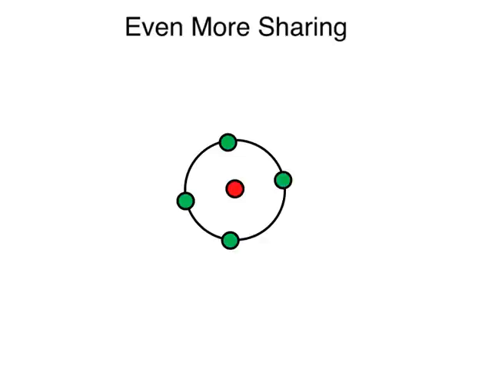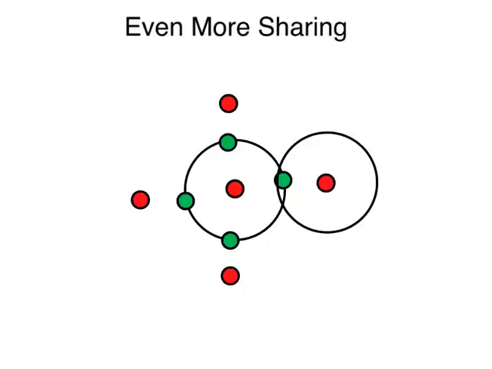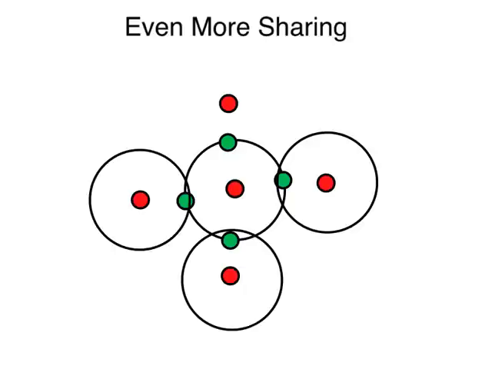Now each one of these carbon electrons makes a bond with a hydrogen atom. So we're going to put our hydrogen atoms in, and we can see them starting to take shape here.